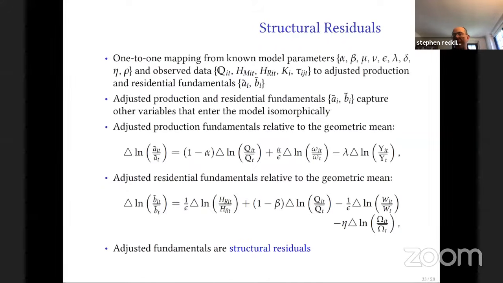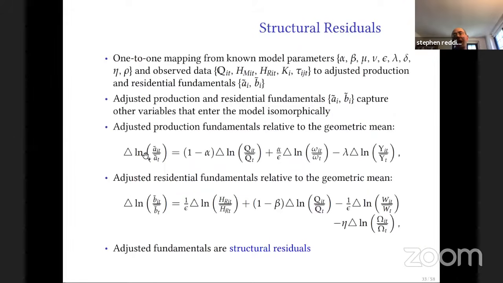It's a very important feature of the approach, and it has been used since in a number of other quantitative urban models. So in particular, here are our solutions for the log change in production fundamentals and residential fundamentals before and after division. As I highlighted earlier, they're composites of a couple of different parameters that enter the model isomorphically, and that's why they've got a tilde over them.